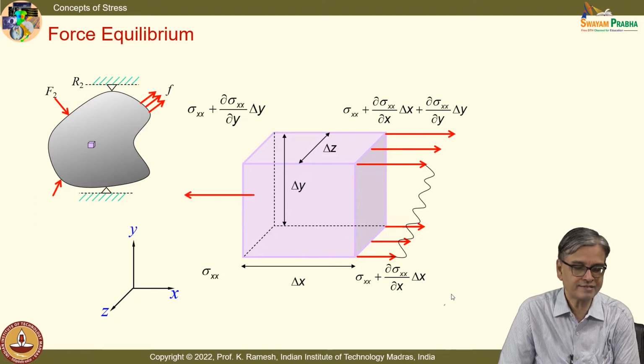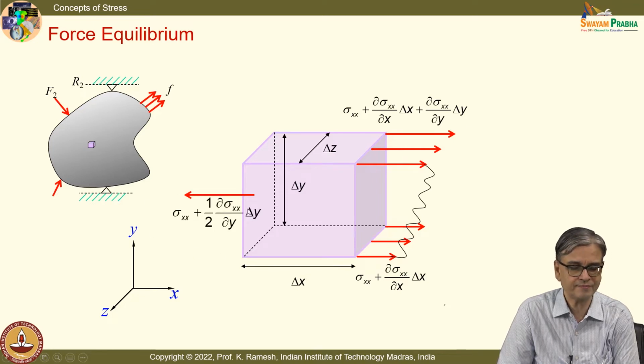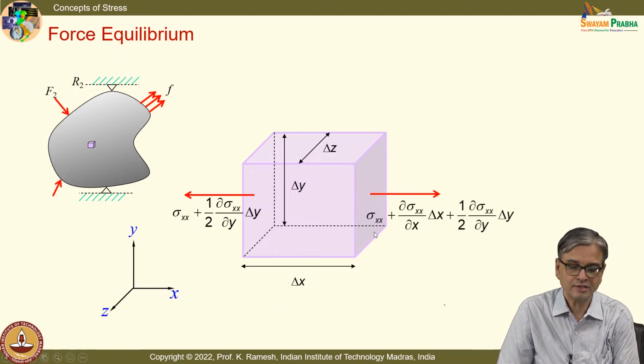So I have this as the average of these two, so I get this quantity sigma xx plus 1 by 2 dou sigma xx by dou y into delta y, and this reduces to sigma xx plus dou sigma xx by dou x into delta x plus 1 by 2 dou sigma xx by dou y delta y.